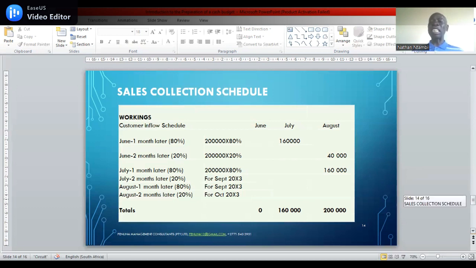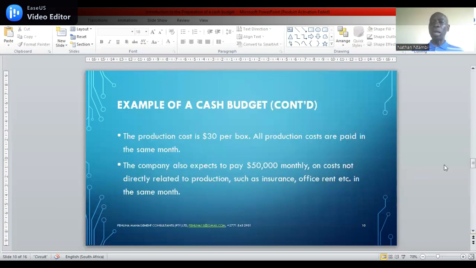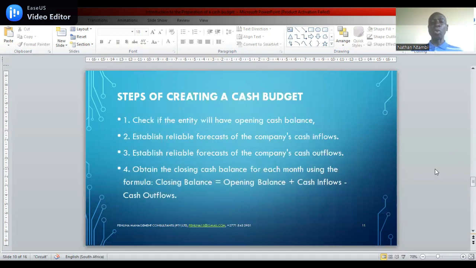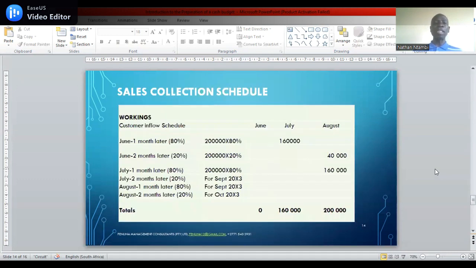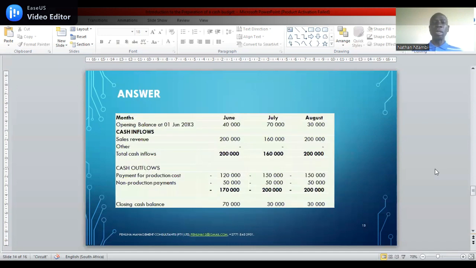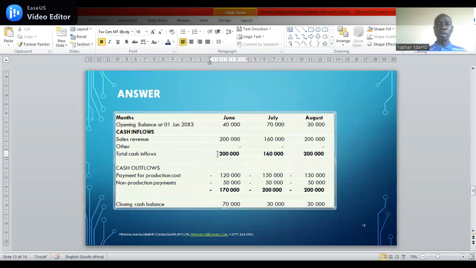There is an amount that is expected to be received in June because of the sales that took place in the previous month, and that amount is supposed to be 200,000. Now, when you add up, the sales revenue is going to be 200,000 plus 160,000 plus 200,000.